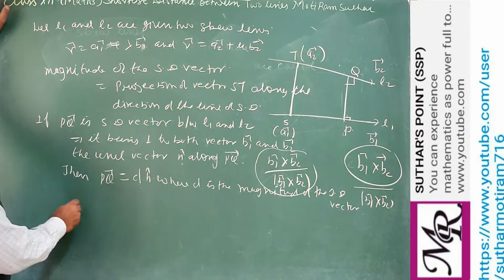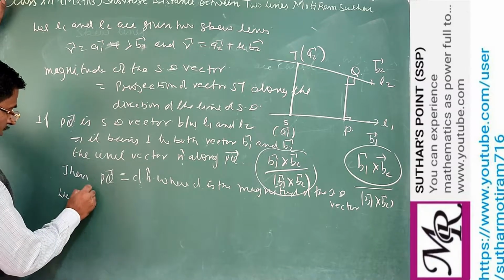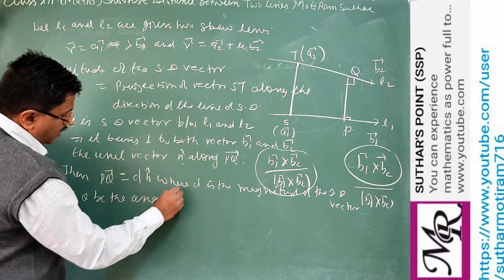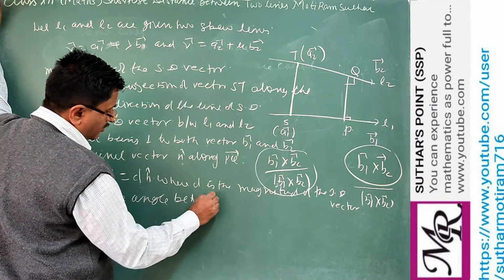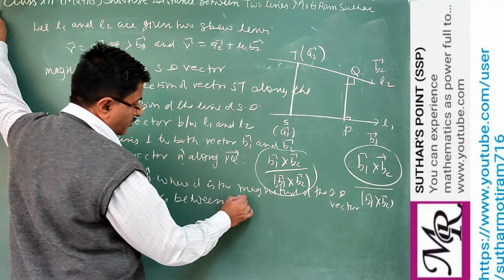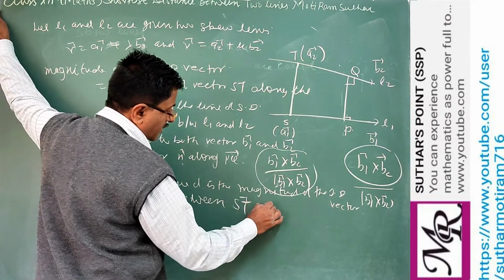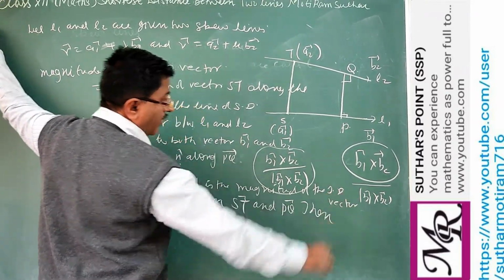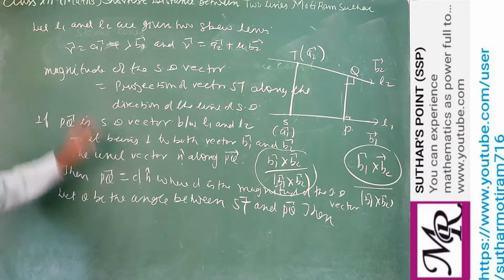Now suppose let theta be the angle between vector ST and PQ. Now we know how to find the angle between two vectors.